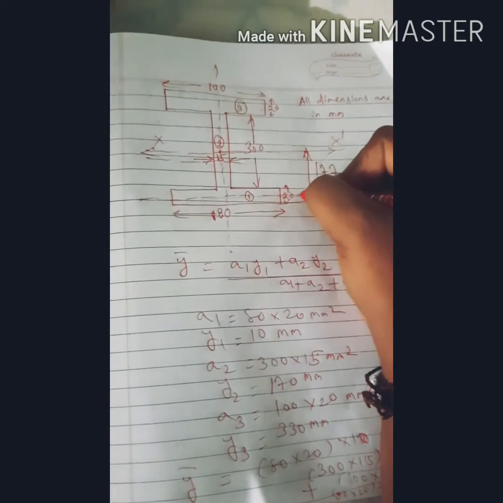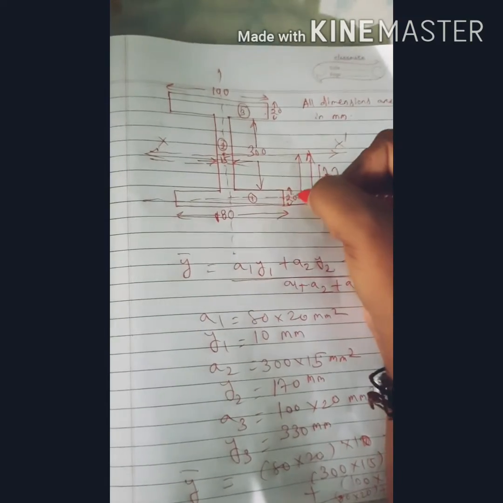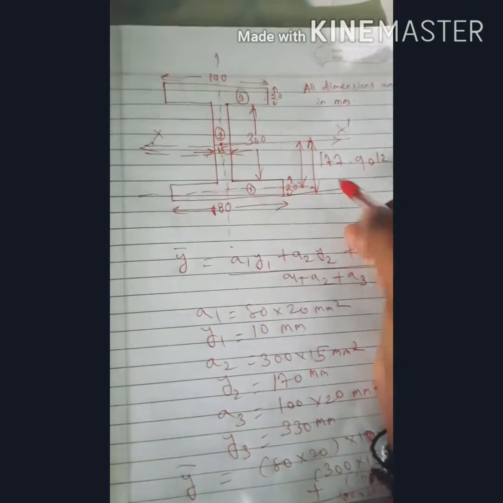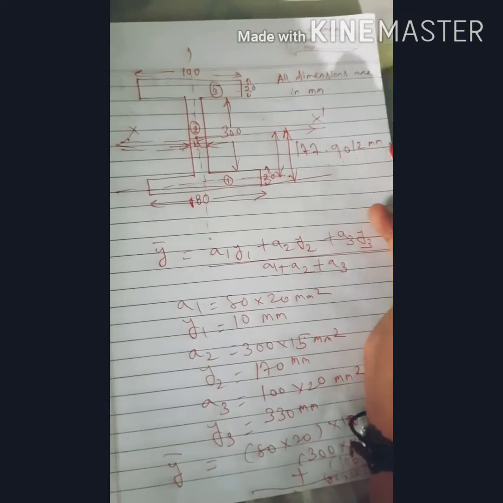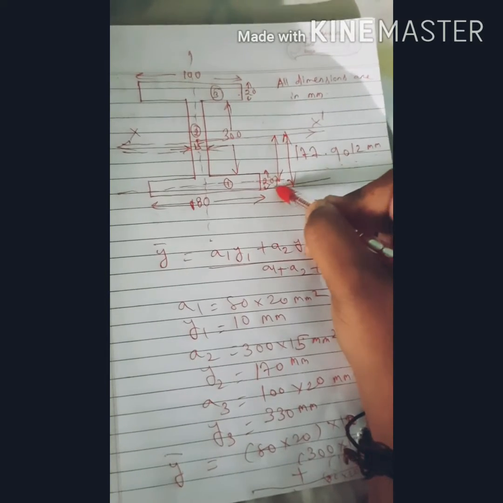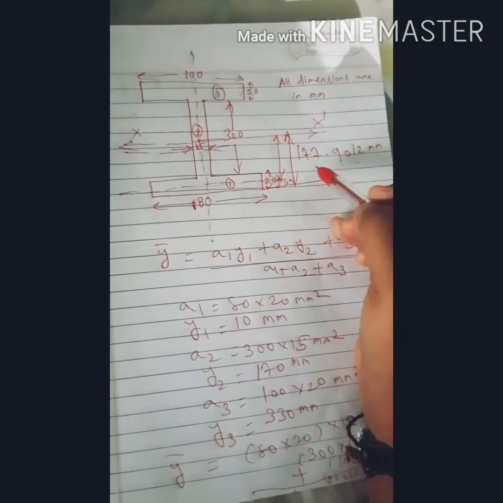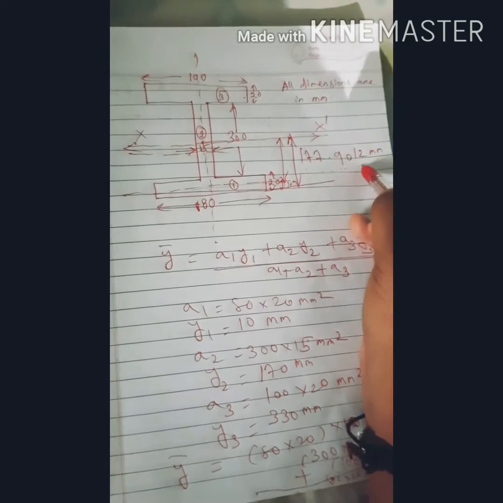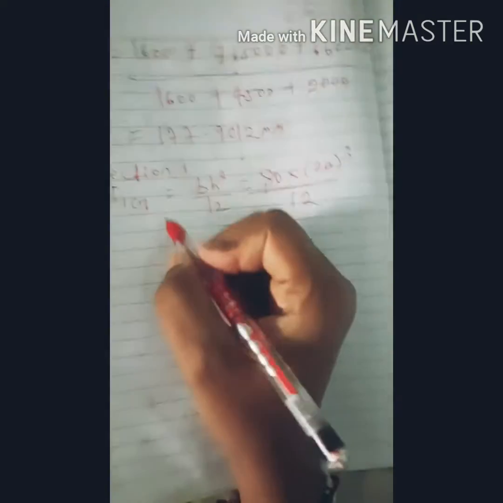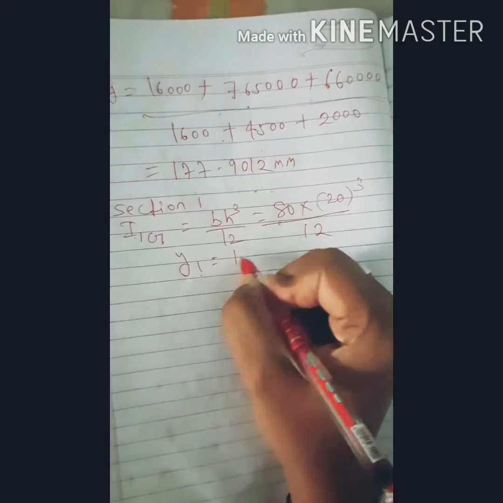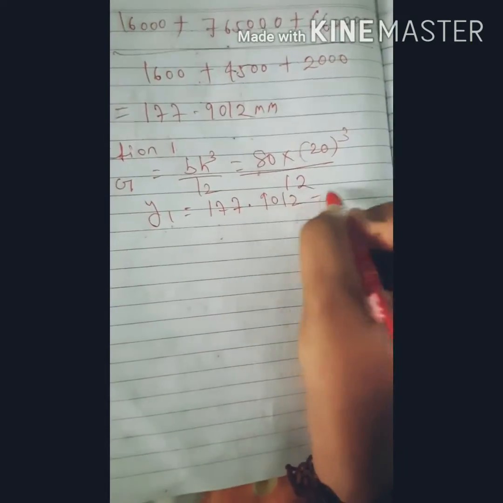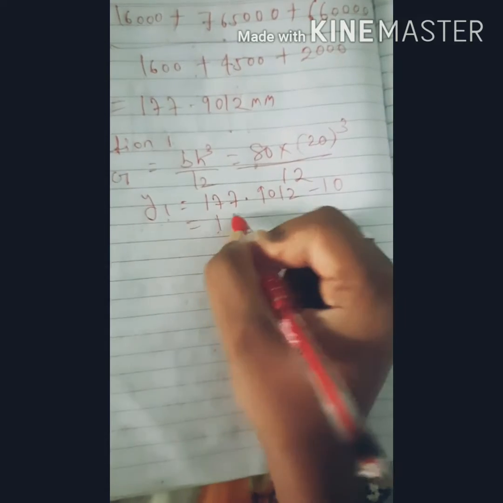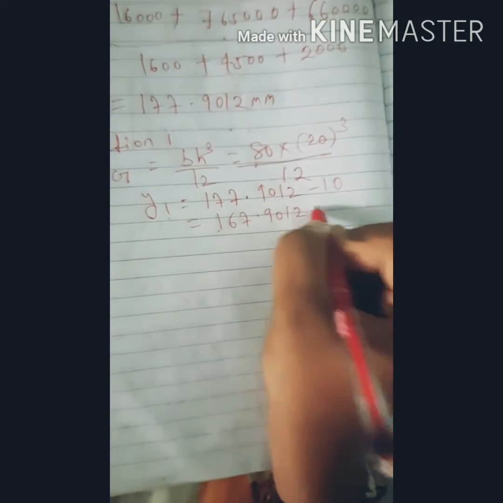So we have to use the parallel axis theorem. We have to find the distance between the CG of section 1 and the CG of the whole I section. The total distance from the bottom surface is 177.9012 mm, and here to here it is 10 mm. So y1 is 177.9012 minus 10, that is 167.9012 mm.